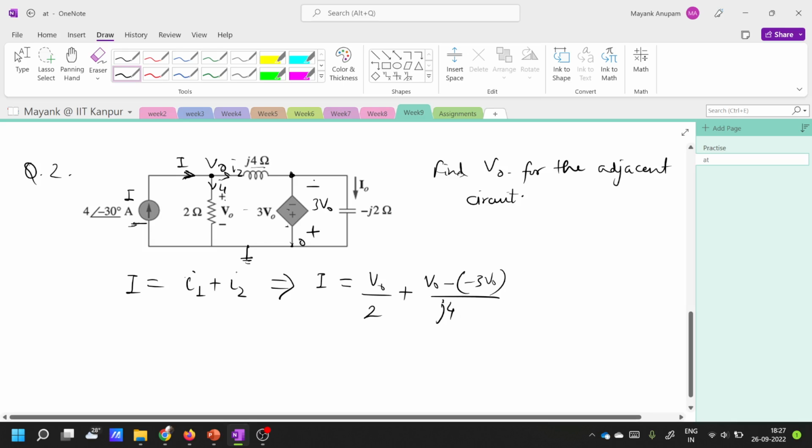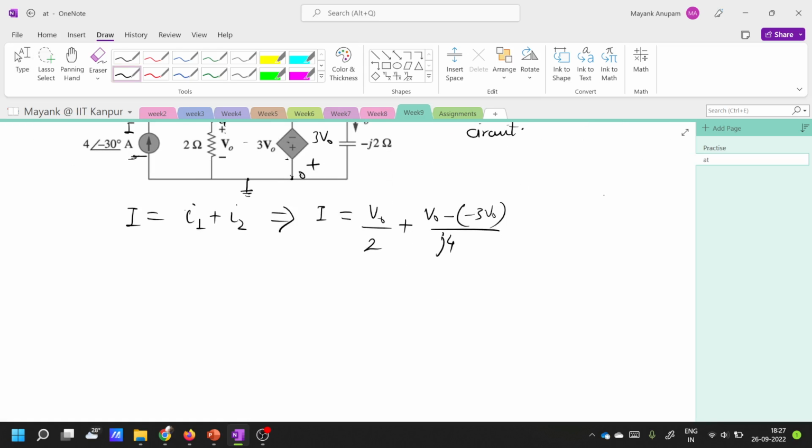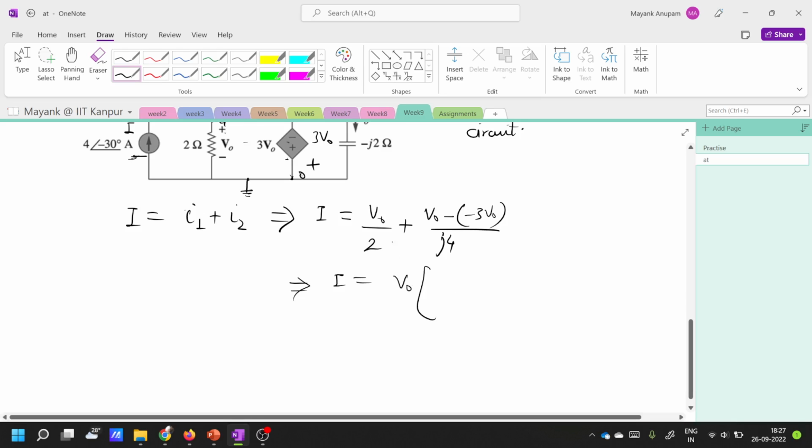These are the two currents, and you can see that this equation is enough for our solution. So I is equal to V0 taken as common: 1 by 2 plus V0 plus 3V0, which is 4V0, divided by 4J.